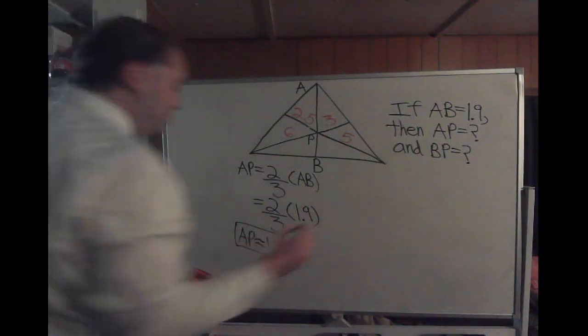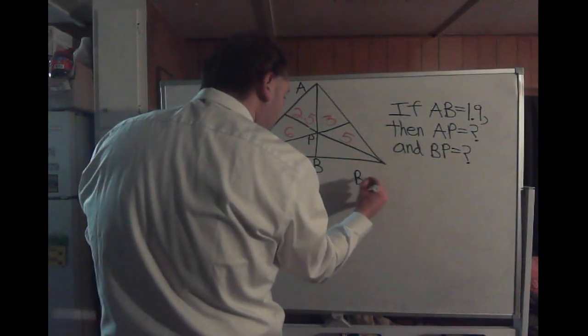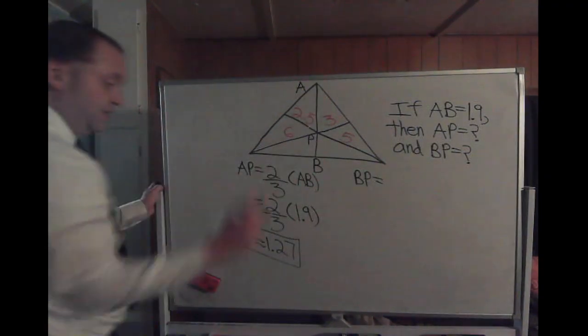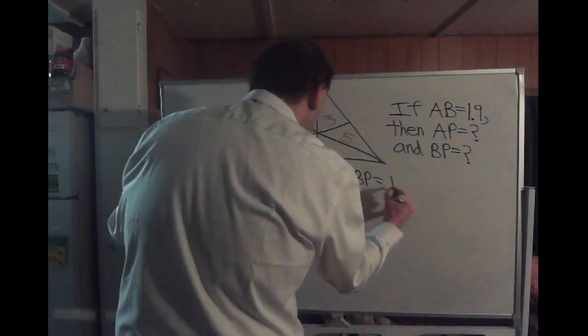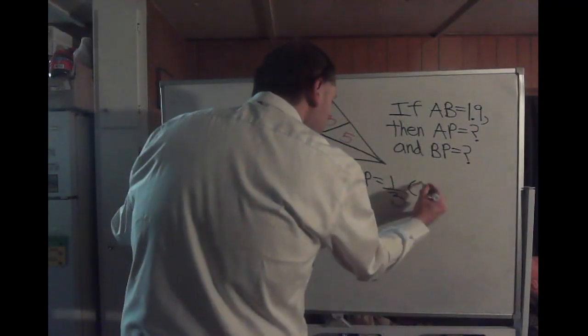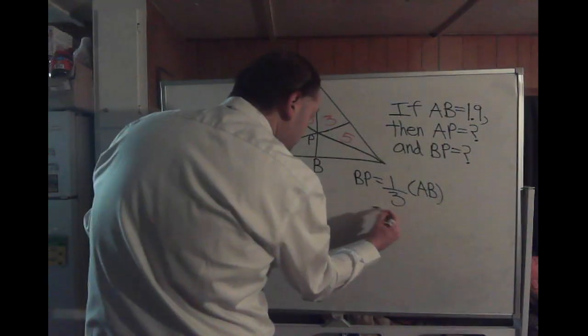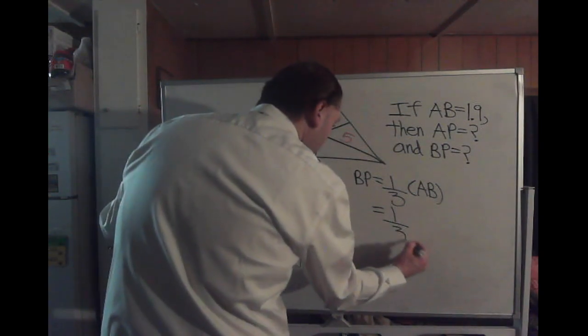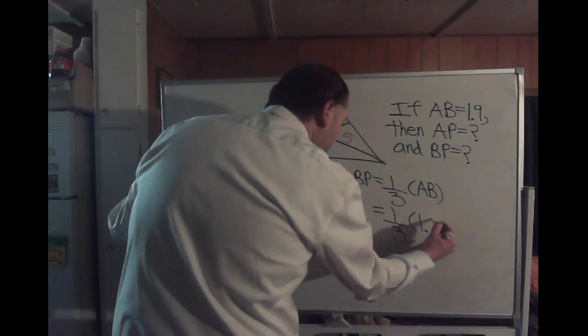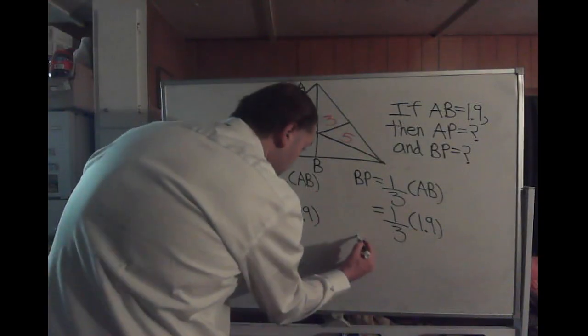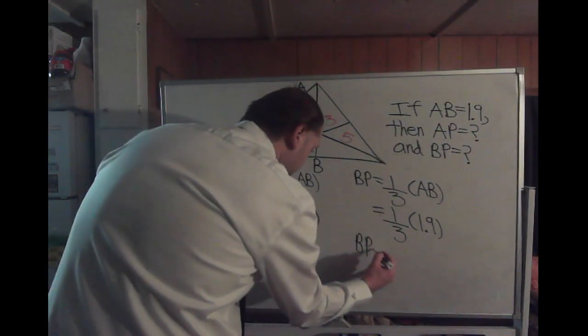Now we need to find BP. BP, of course, would equal a third of AB, which would then mean that it's equal to 1/3 of 1.9, which would give you an approximation here.